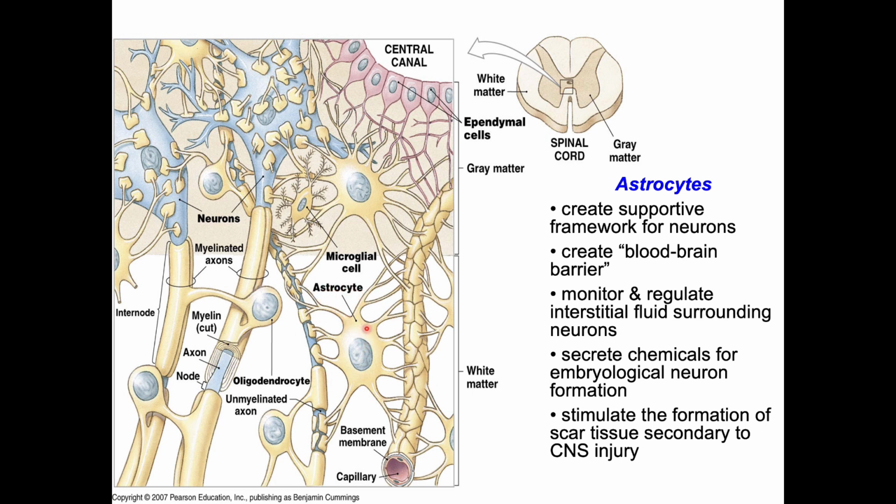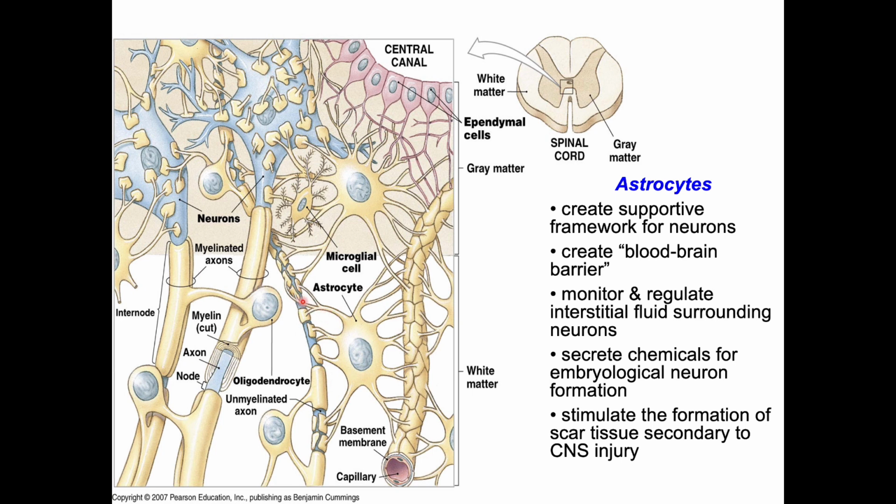As you can tell, you've got the cell body and the nucleus here with the many extensions off of that cell body, making it look kind of like a star. Astrocytes have many functions, but the first thing I want you to notice is where the extensions from this astrocyte are bound to.